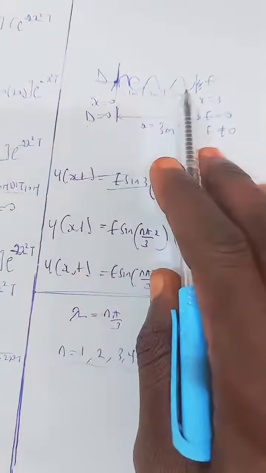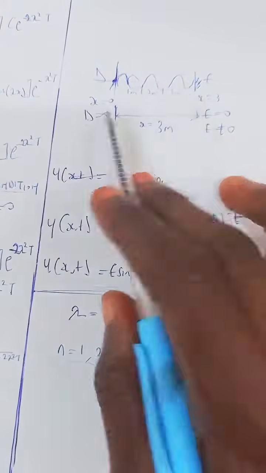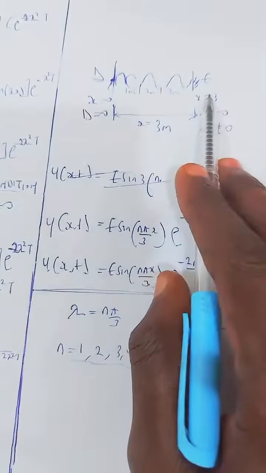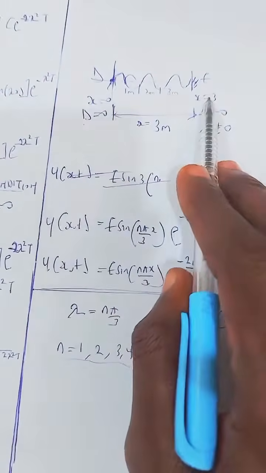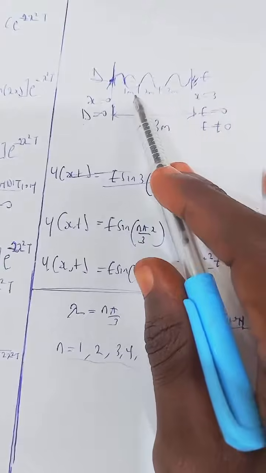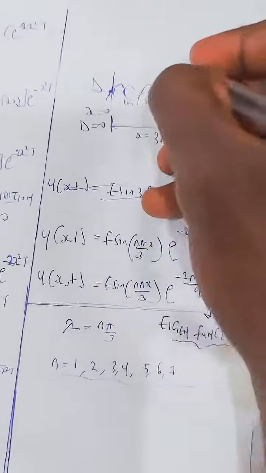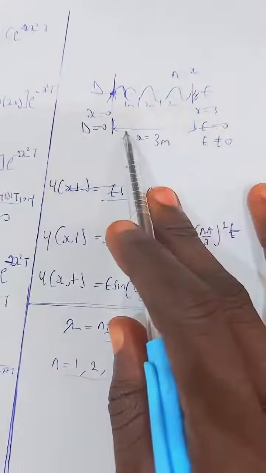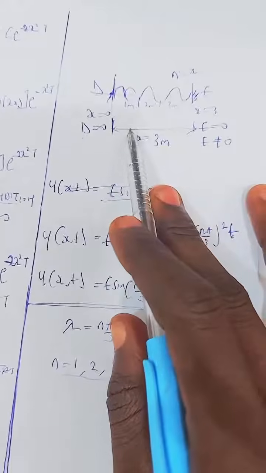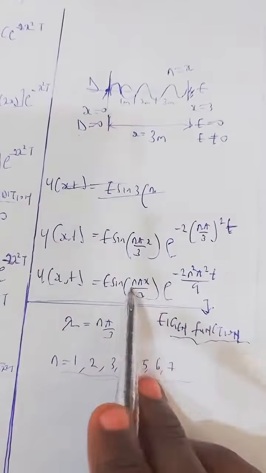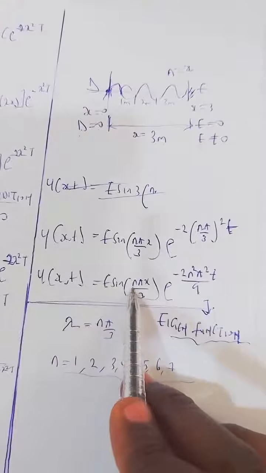Back to this illustration, the total span of this material, or this vibrating string, is 0 to 3. When n equals 1, we have its own eigenvalue and its own eigenfunction.